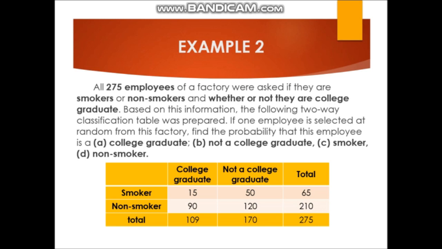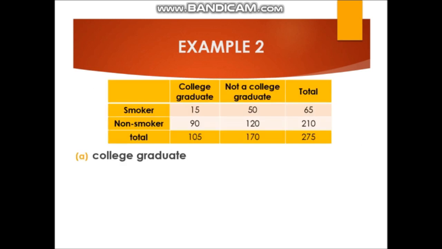Okay, let us start on letter A, college graduate. So we have here the given table. College graduate is composed of 15 smokers and 90 non-smokers with a total number of 105 and a total population of 275.